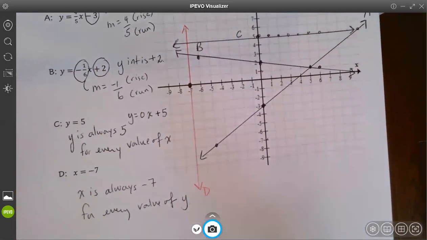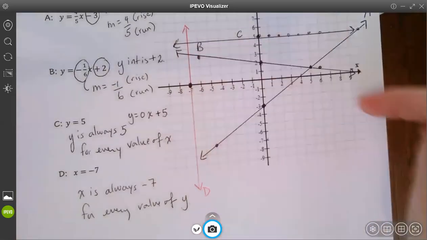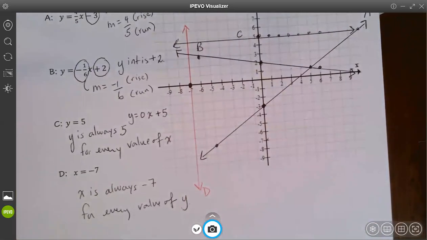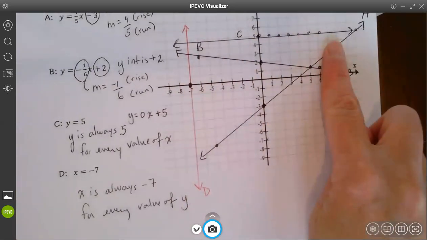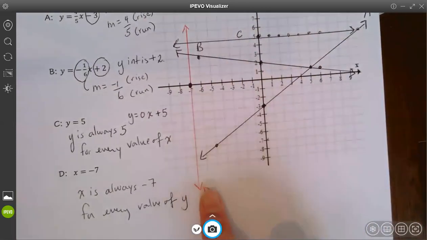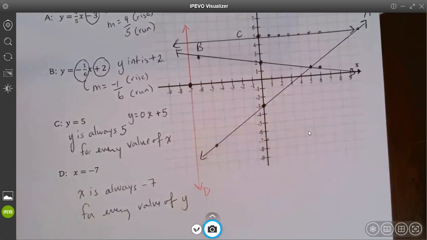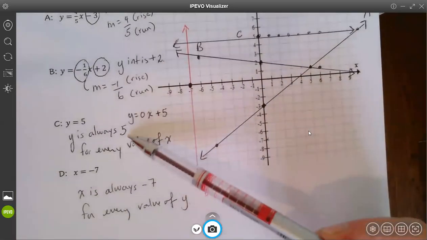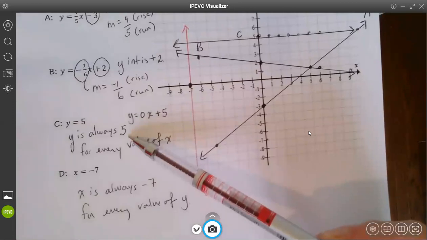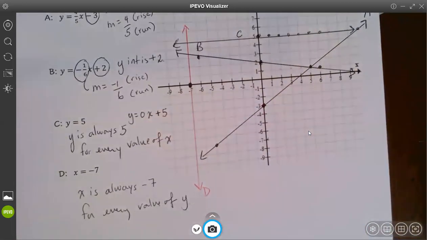Okay, so it is going to be a vertical line. So we've looked at lines that have positive slopes, negative slopes, and now we've touched upon the idea of horizontal lines with a slope equal to 0 and vertical lines with an undefined slope. Those special cases are recognized because they're in the form y equals a number and x equals a number.